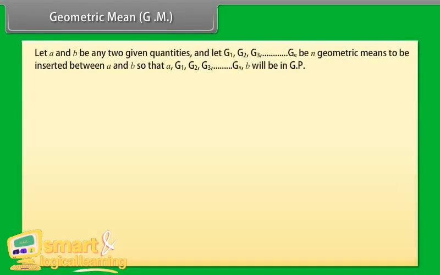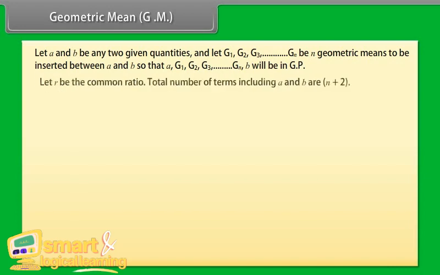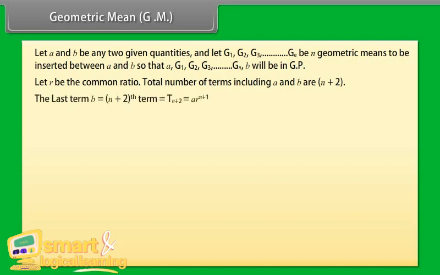Let a and b be any two given quantities, and let G1, G2, G3 up to Gn be n geometric means to be inserted between a and b, so that a, G1, G2, G3 up to Gn, b will be in GP. Let r be the common ratio.